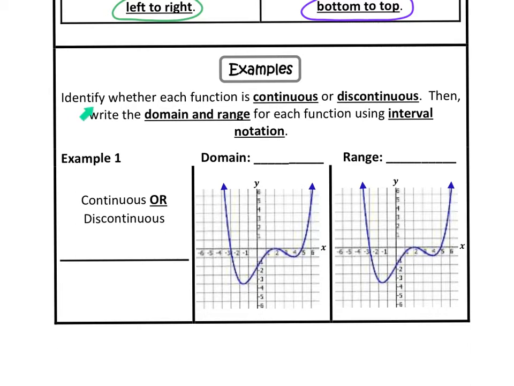It's always important to read the instructions. Identify whether each function is continuous or discontinuous. So that's step one. Then step two, write the domain and range for each function using interval notation.